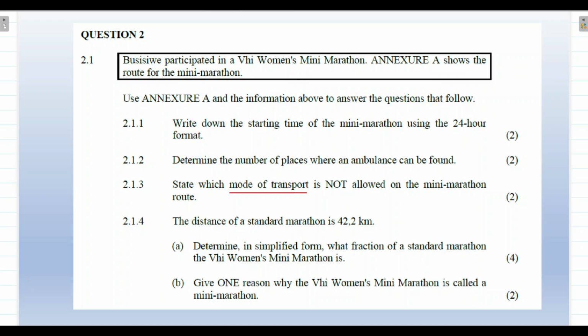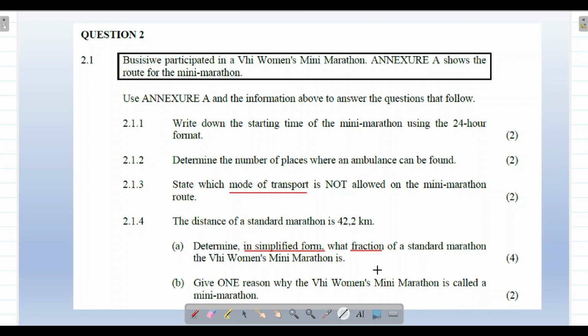Okay, so we want to basically determine in simplified form what fraction. All right, so already this question is telling us how we need to approach it. We want the fraction of a standard marathon that the V women's mini marathon is.